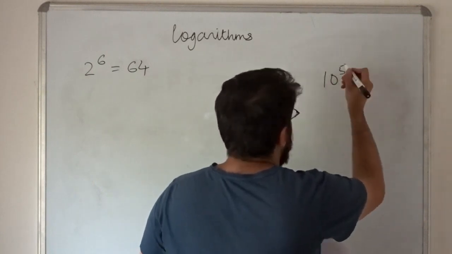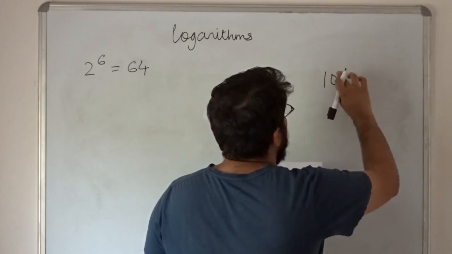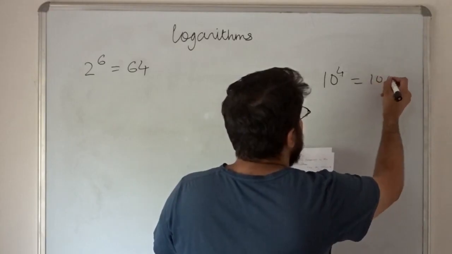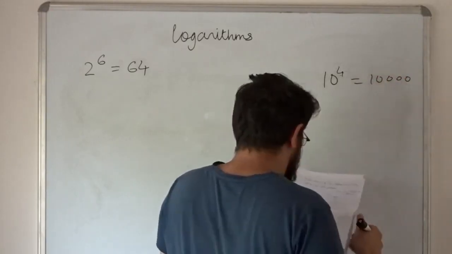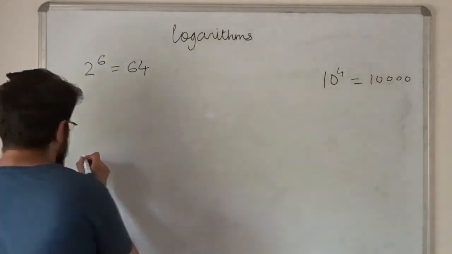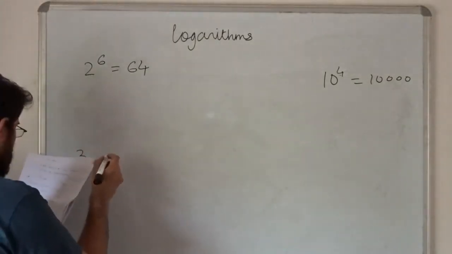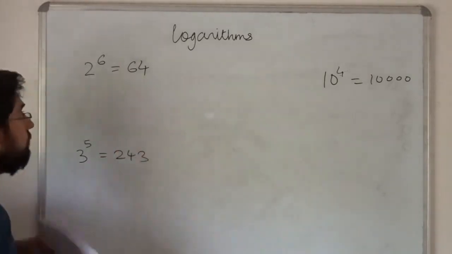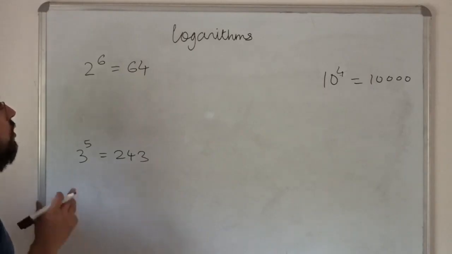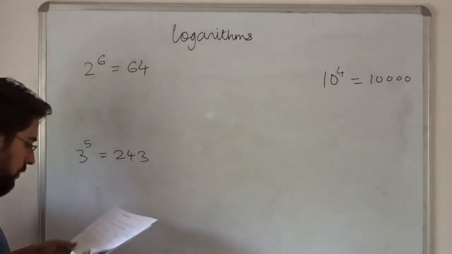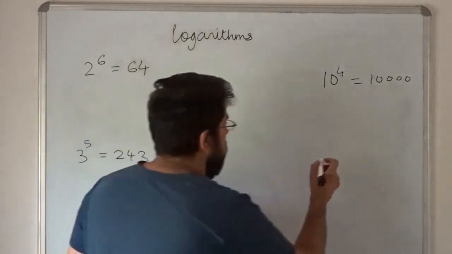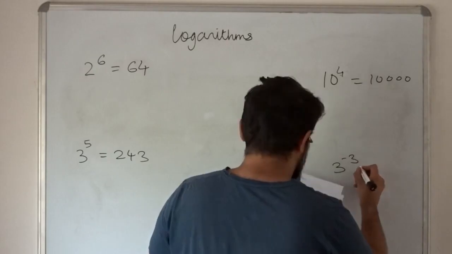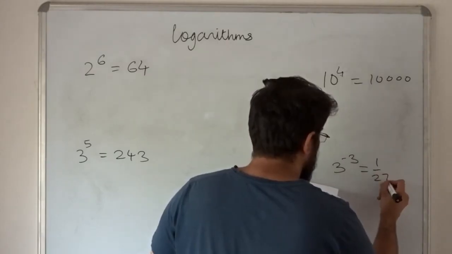So 10 to the power 4 equals 10,000, obviously. 3 to the power 5 equals 243. So I want you to write all of them in logarithmic form. They're in exponential form, write them in logarithmic form. 3 to the power -3 equals 1 upon 27.